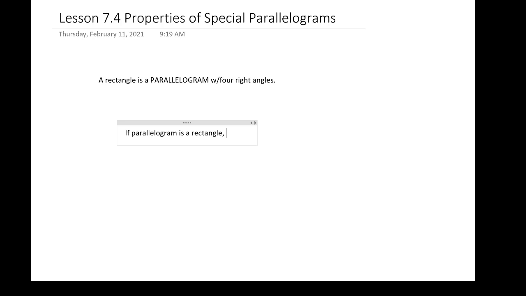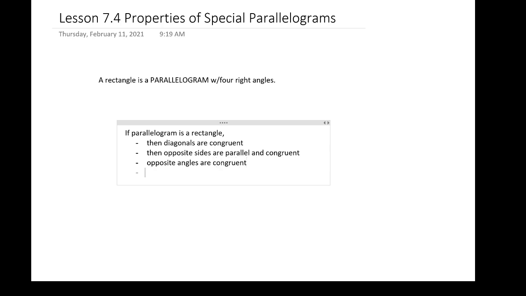So if this is a rectangle, there's a few things that are going to be true. Then your diagonals are congruent. Then your opposite sides are parallel and congruent. Of course it is, right? It's a parallelogram. Then the opposite angles are congruent.